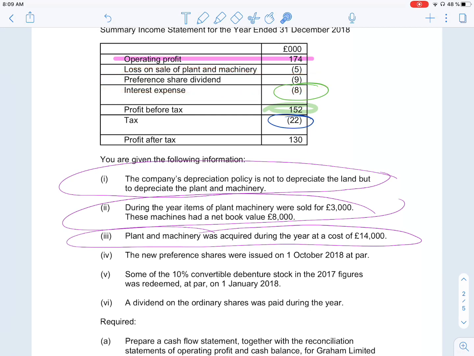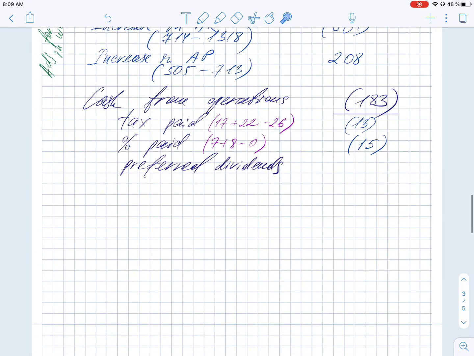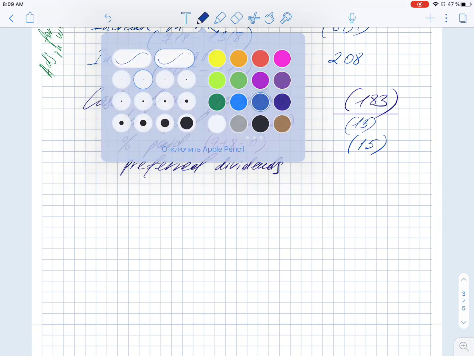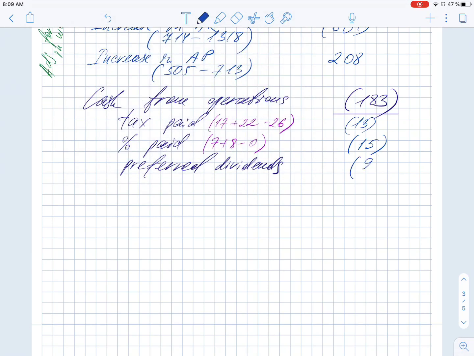Since we do not have any information about a liability on preferred dividends, we can assume that the total amount was fully repaid, as with interest. So preferred dividends in the amount of 9 were fully repaid to the shareholders, and we have to consider it as a cash decrease in our cash flow statement.